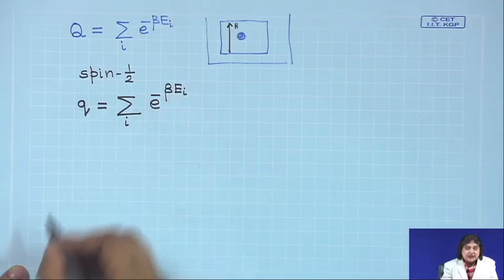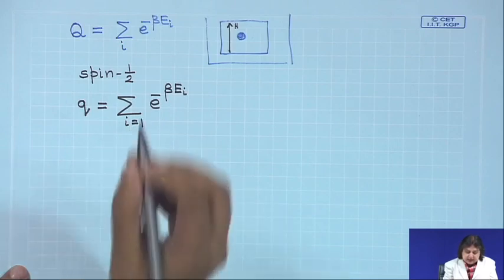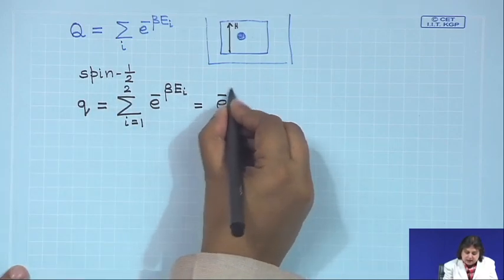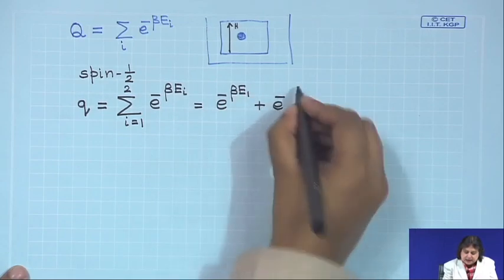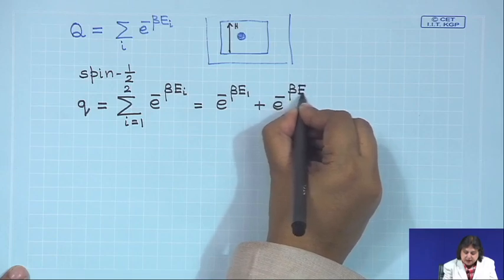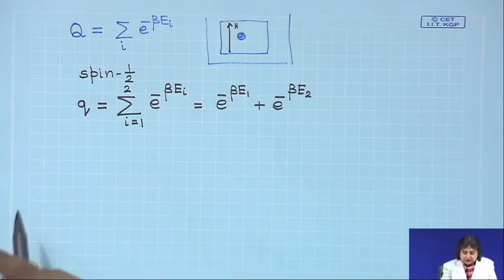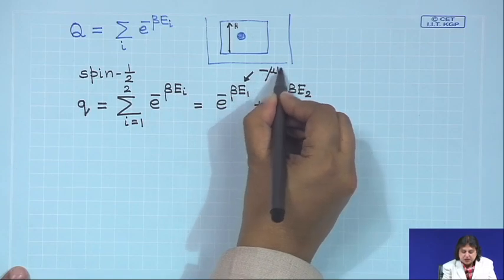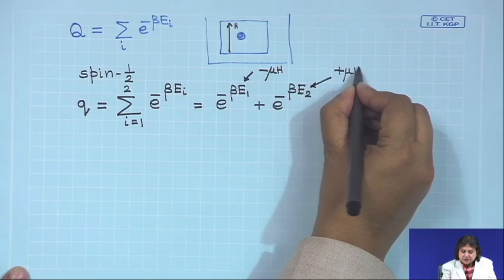Now, how many microstates are possible for this system? Two. So, I will say i goes from 1 to 2, and accordingly I write the summation in the expanded form: e to the power of minus beta E1 plus e to the power of minus beta E2. I know for this given system what E1 is: this quantity is minus mu h and this quantity is plus mu h.